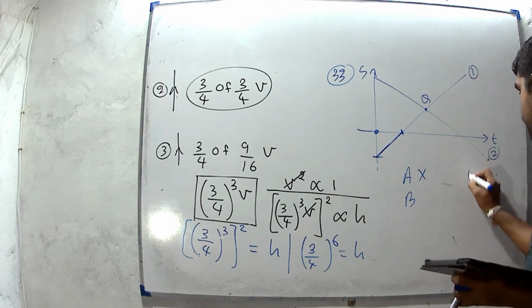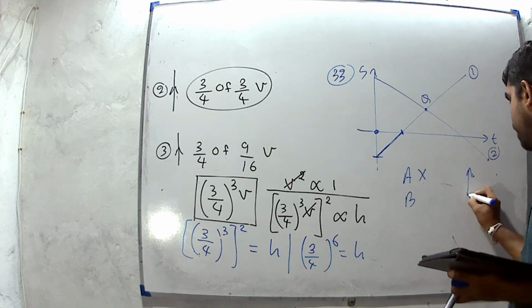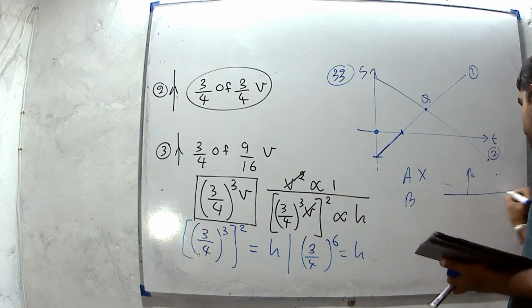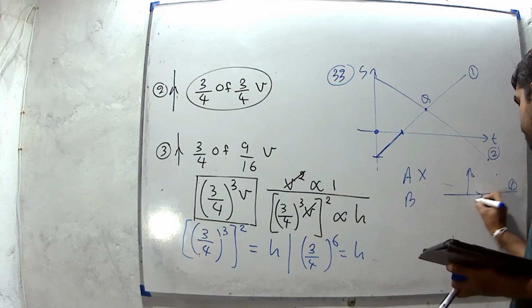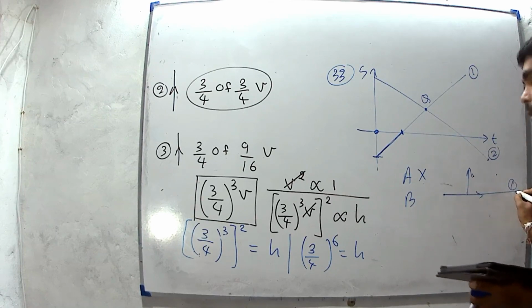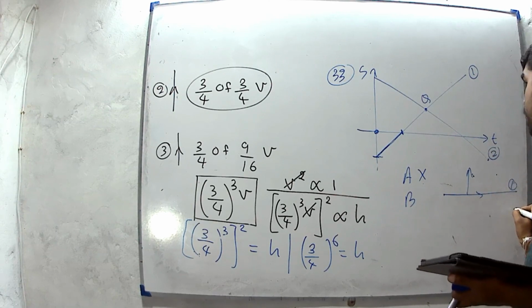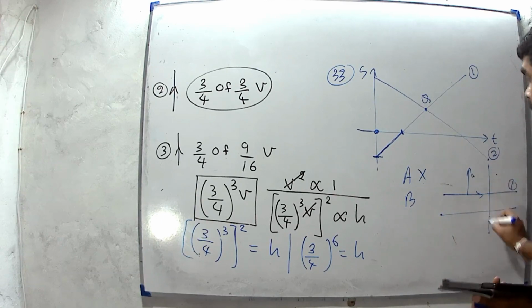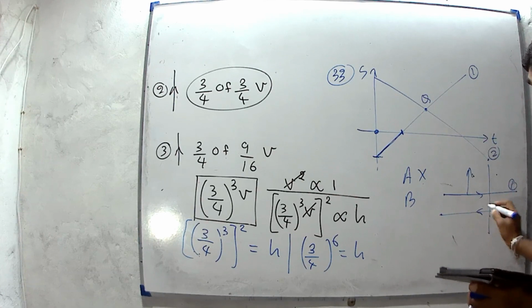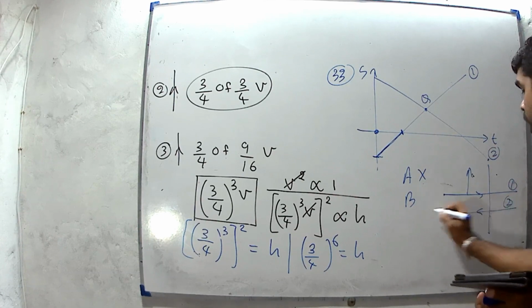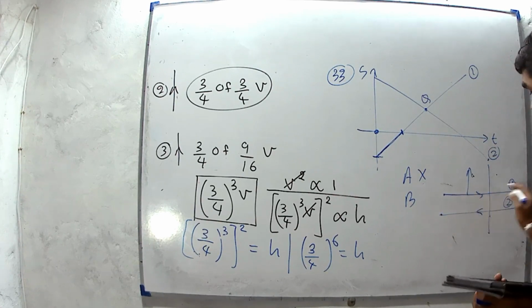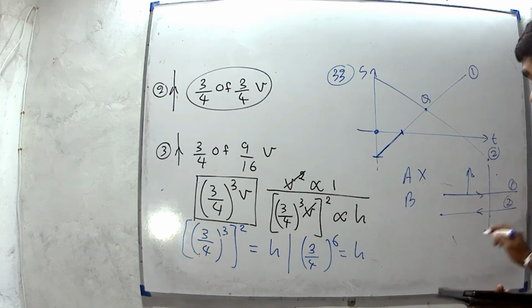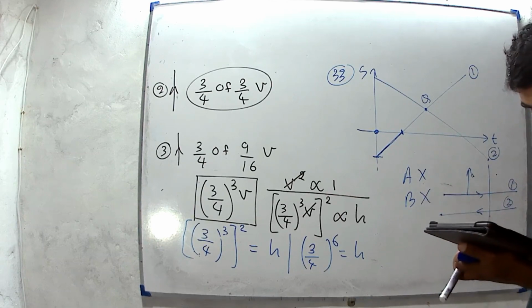If the lamppost is this one, the motion of the first car is like this, and the motion of the second car is like this. The crossing point is like this one. At this place, the second car is moving towards the lamppost, but the first car is moving away from it. Then B is also incorrect.